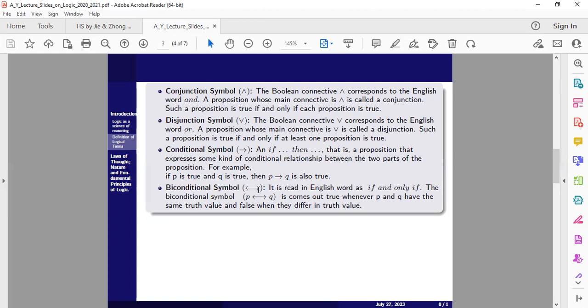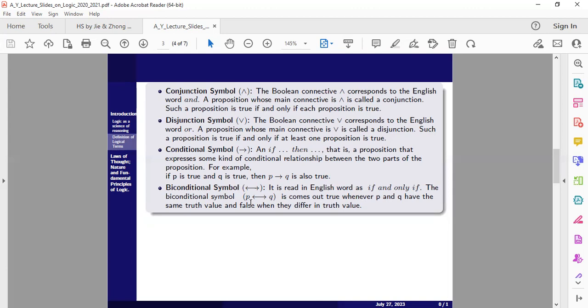Because it has these two characters, a forward arrow and a backward arrow, the symbol is called the biconditional symbol. It is read in English as "if and only if".